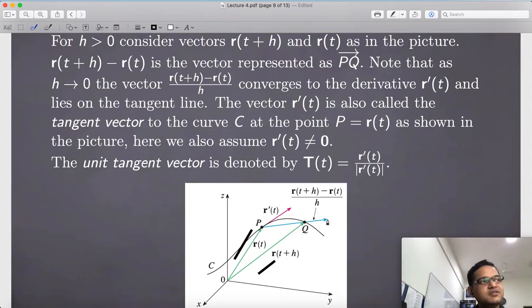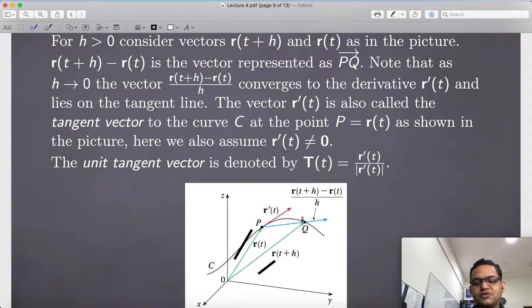Now in order to understand the derivative, we have to allow this h to be smaller and smaller. We will make it go to 0. What does it mean? If I take a smaller h, this vector will keep coming to this side, and you will notice that it is eventually going to point in the direction given over here.